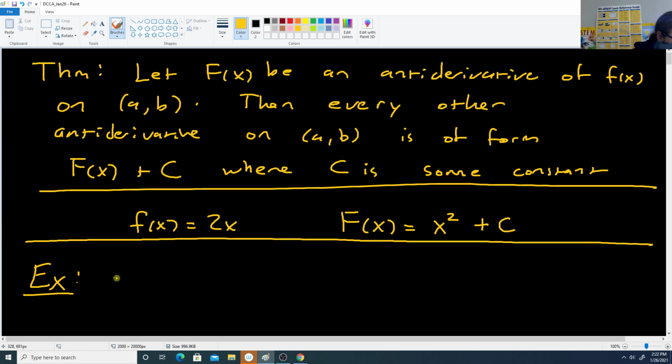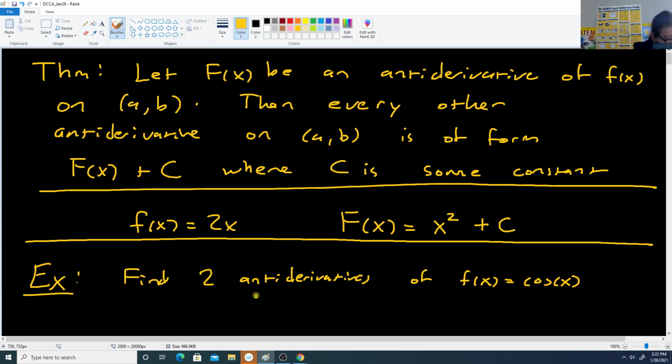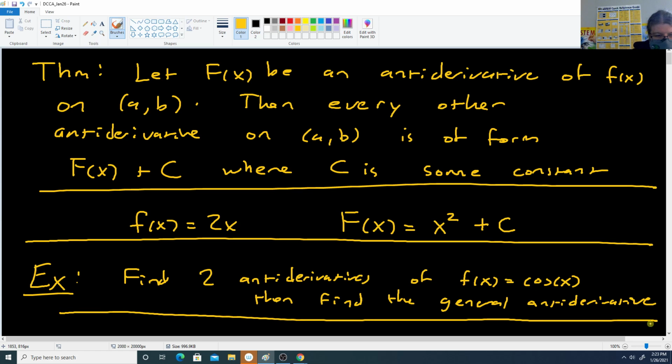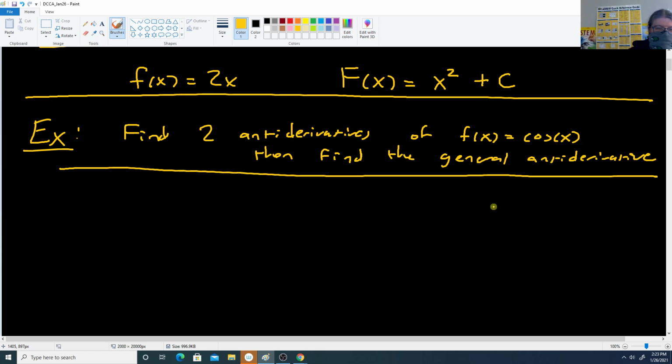So another example: find 2 antiderivatives of f of x equals cosine of x. Then find the general antiderivative. So we need something that when I take its derivative becomes cosine.